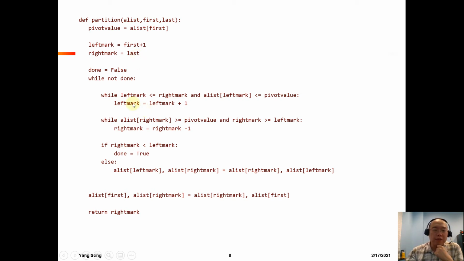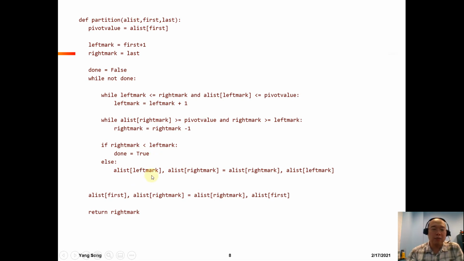After we find one large value using the left mark, and one small value using the right mark, we check if the right mark is already smaller than the left mark. If it is true, then we say it is already done, because those two cursors have already met.